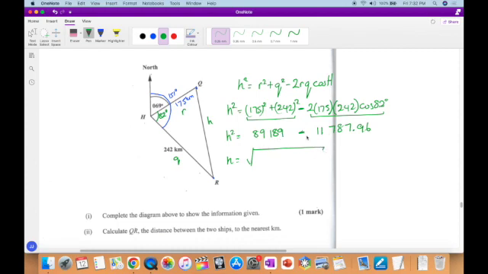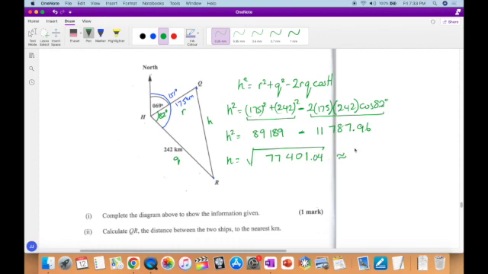So that means that 89189 minus the answer is the square root of 77401, or about there, 0.03 or 0.04 if you want.